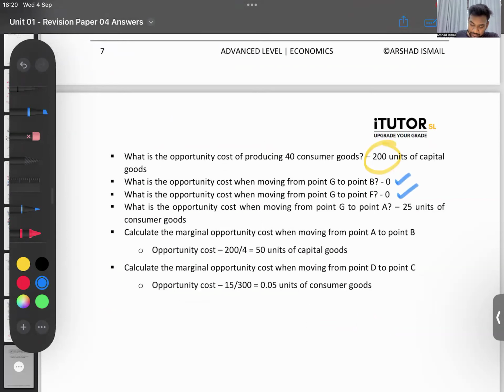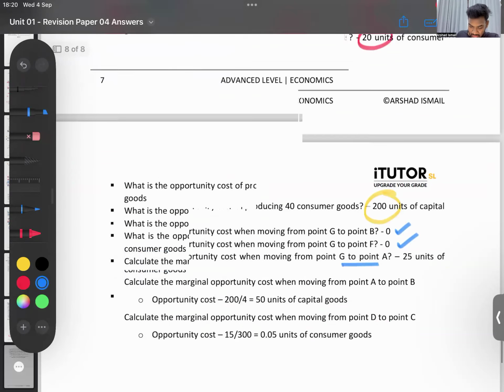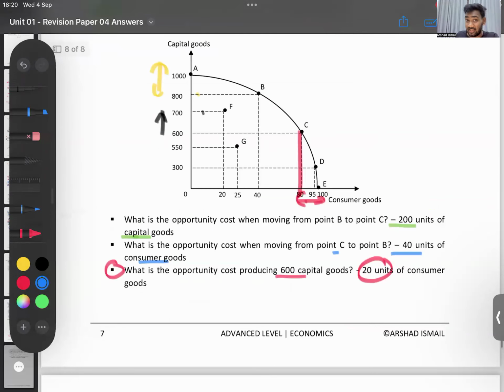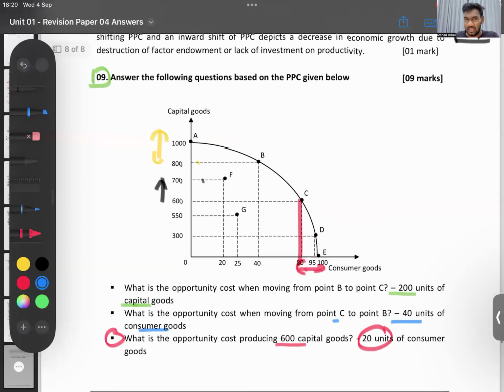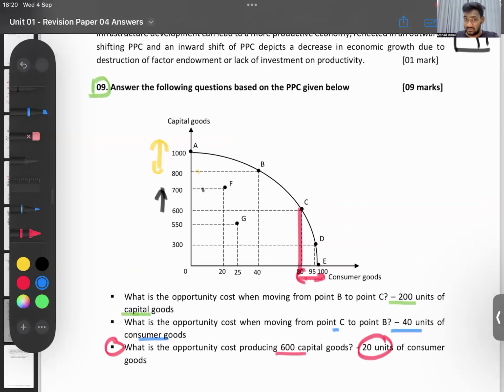Then they're asking, what is the opportunity cost of moving from point G to A? Now look at this line. Is the opportunity cost 0 here? When going from G to A, you're increasing capital goods from 550 to 1000. Can you do this without sacrificing your consumables?